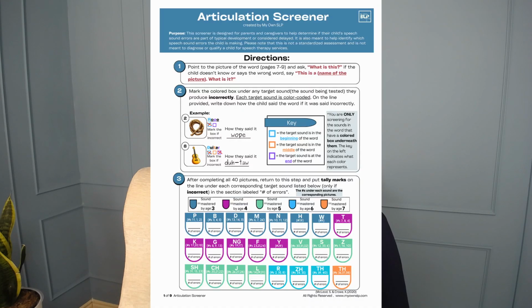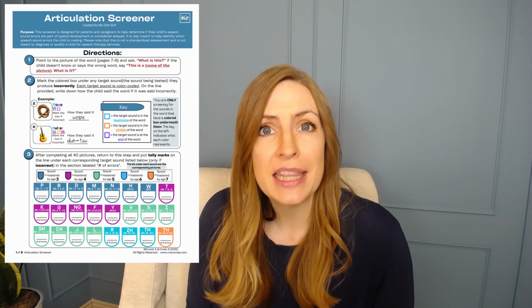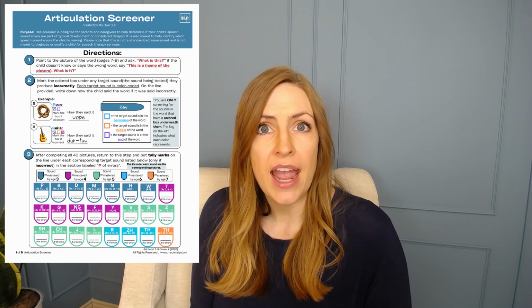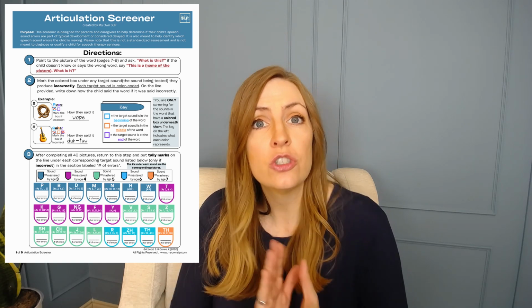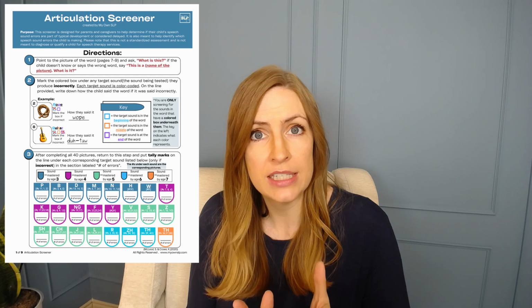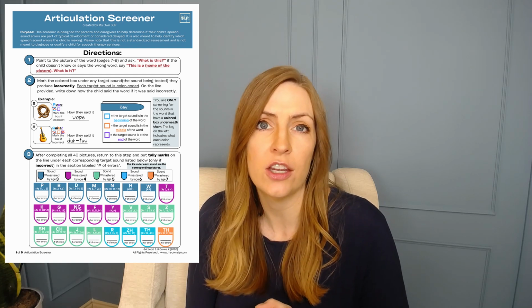So this is an option, but then also I have another video. It's my articulation screener. You can also find the form for the articulation screener on my website. I also have it linked in the description below. What is helpful about the articulation screener is it's also testing for any speech sounds that your child struggles with.